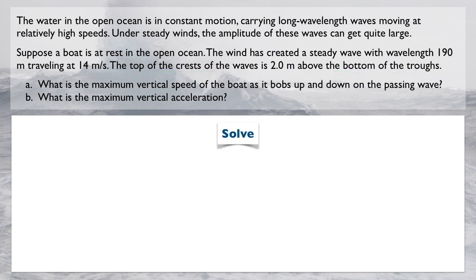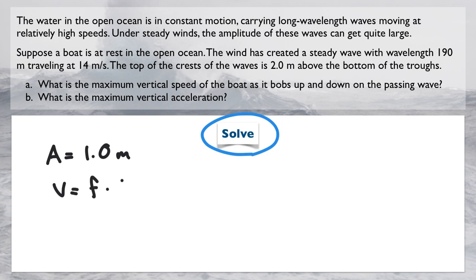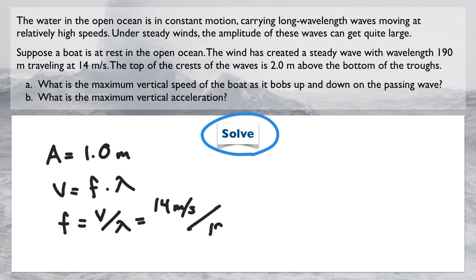So we're looking for the motion of the boat, that's simple harmonic motion, and we know that the amplitude of the oscillation of the boat is 1.0 meters, and we can find the frequency by saying v is equal to f times lambda for the wave. So f is equal to v over lambda, so it's equal to 14 meters per second divided by 190 meters.